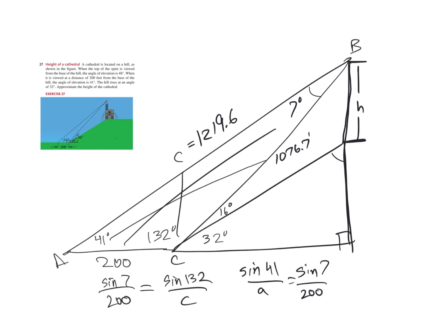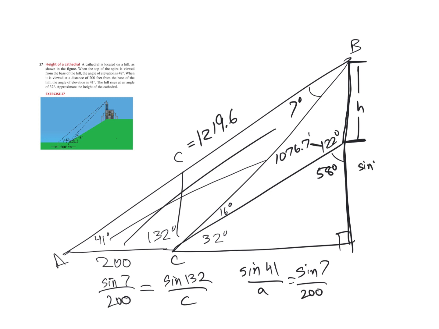So now, let's find these other pieces of information. If that's 32, in this right triangle, we take 90 minus 32 and get this angle, and then supplementary gets us that angle. So 90 minus 32 is 58 degrees, which makes 180 minus 58 degrees 122 degrees. So there we have two values.